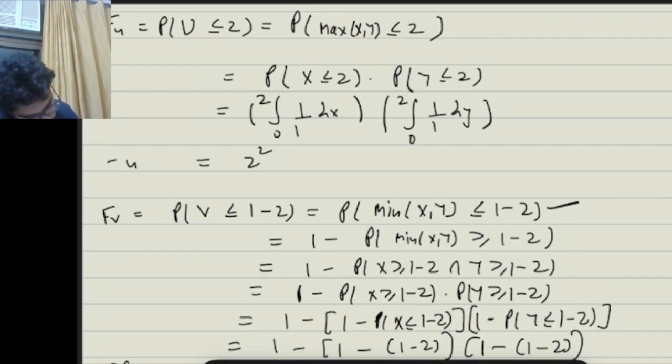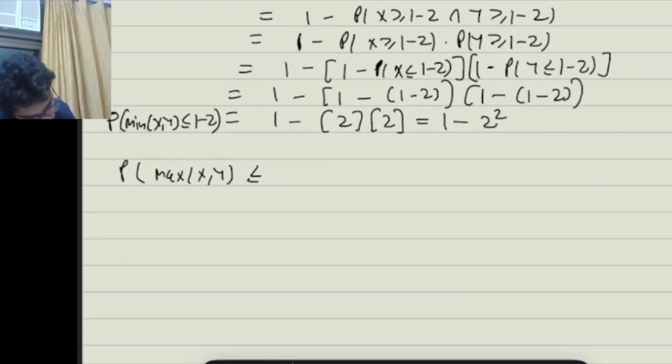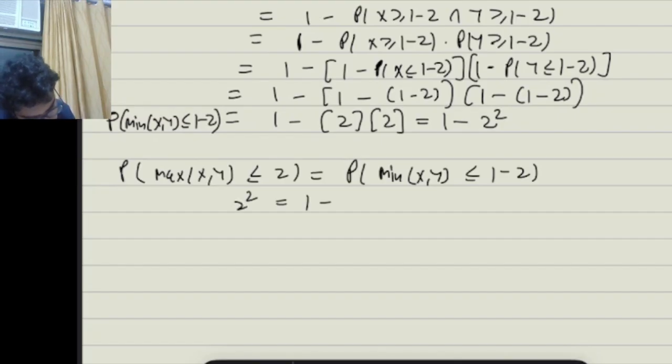The probability of max of x comma y less than or equal to z is equal to the probability of min of x comma y less than or equal to 1 minus z. This would give me z square and this would give me 1 minus z square.